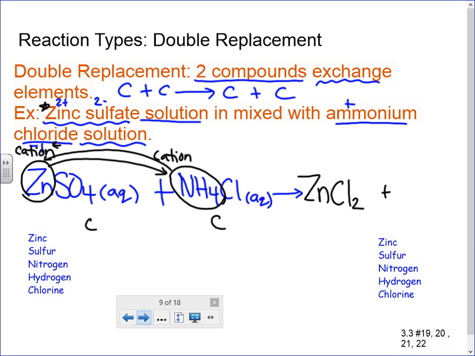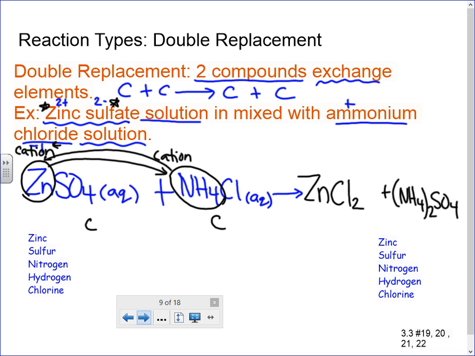Ammonium is +1, sulfate, like we said, is -2. So when I swap and drop, that tells me I need 2 copies of ammonium. That means I need brackets with a 2. And my formula would look like that. So when you're making compounds, consider the charges always.